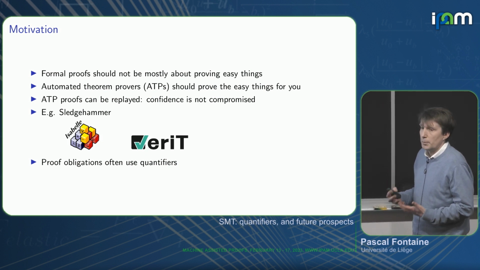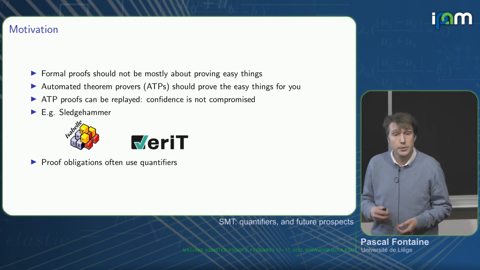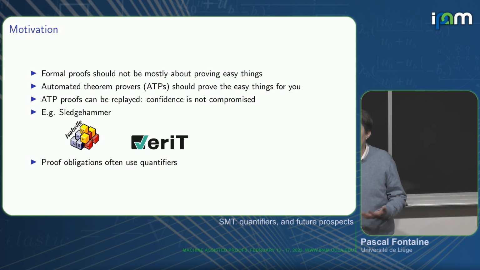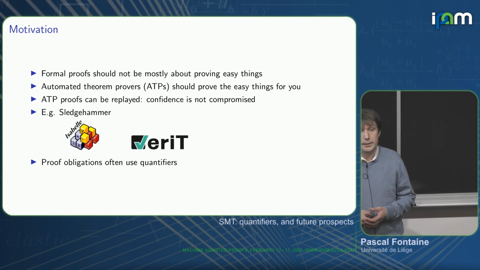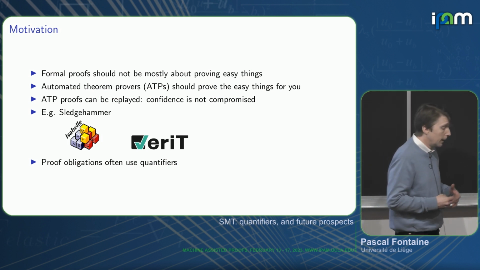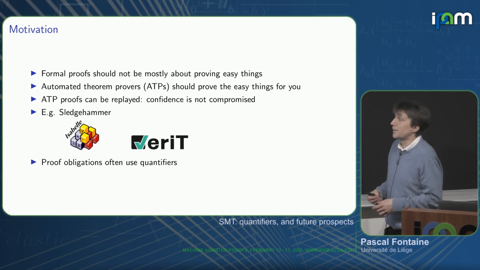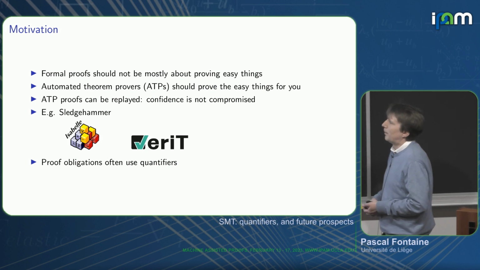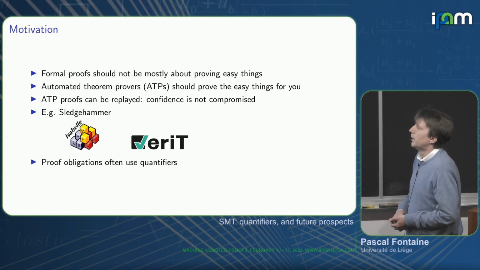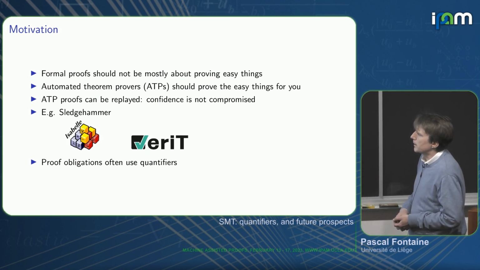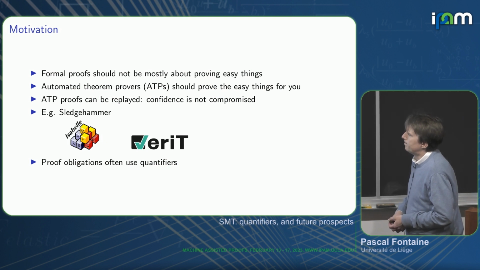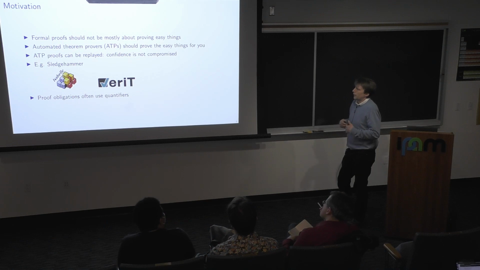And those proofs can be replayed within your system, so the interactive proof assistants that you are using can replay all those proofs within their kernel, so these proofs are as good as if they were made by a human and went through the kernel.